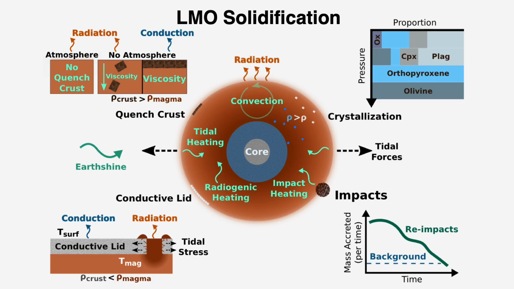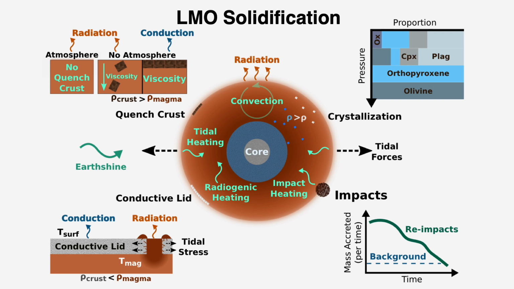The process of lunar magma ocean solidification involves many interacting factors. This is a sketch of many of the things that should be considered. For example, we expect the lunar magma ocean to have been convecting and the surface to be radiating. However, we should consider if quenched crust formed on the surface. Formation of quenched crust would have placed a conductive lid that slowed the cooling process right from the start.